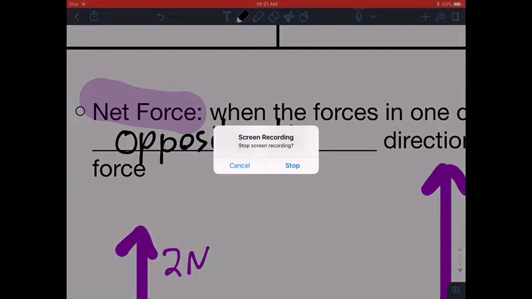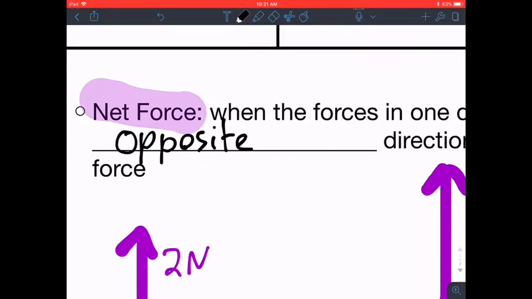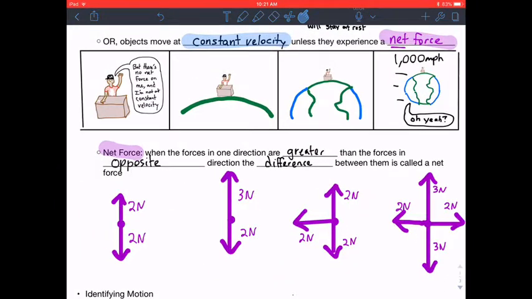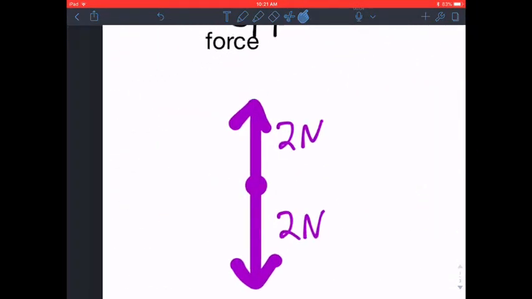And whenever the forces are greater in one direction than in the opposite direction, the net force is measured as the difference between those forces.